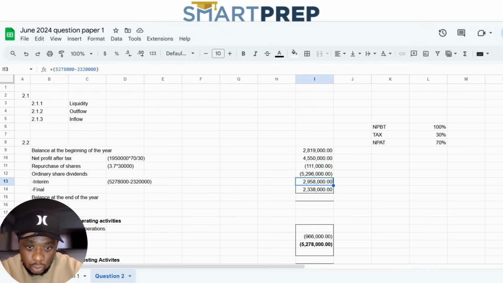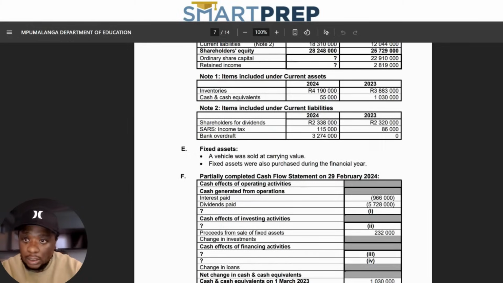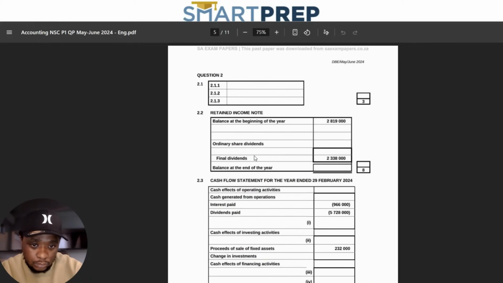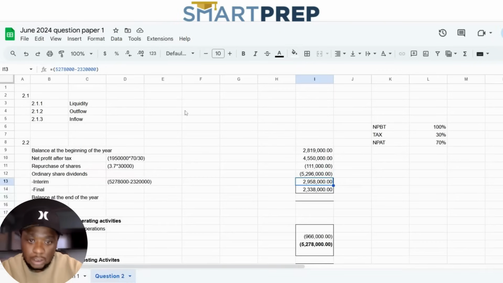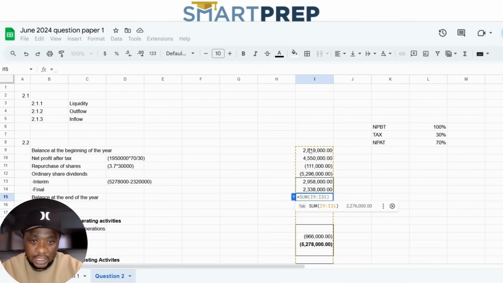Yep, it is negative. All right, cool. And therefore, for the balance at the end of the year for the retained earnings, we're just going to add up these amounts, and then we get the amount at the end.